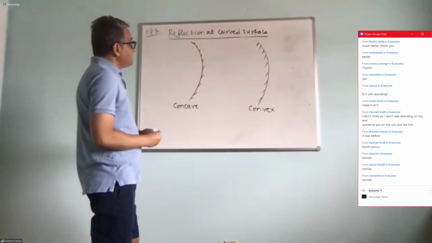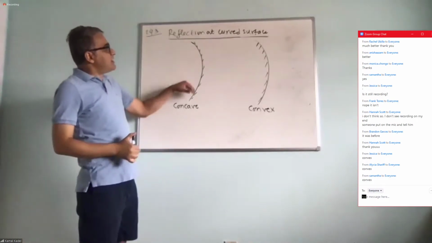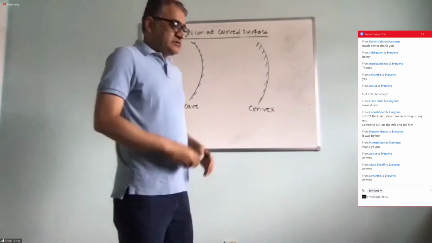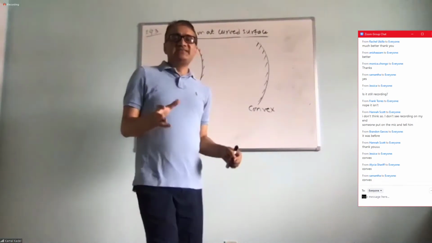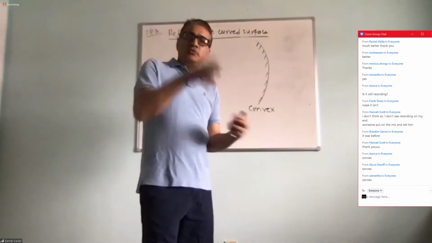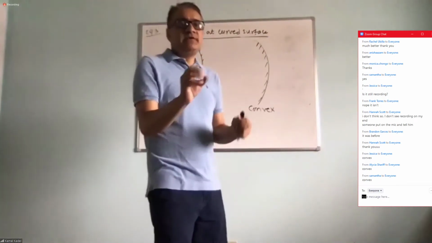So this is only a part of the concave or convex surface. What does this mean? Christmas has just passed. So if you still remember, you have the ornaments that you put on the Christmas tree. Those ornaments are spherical, right?